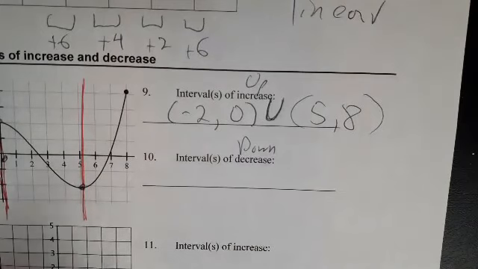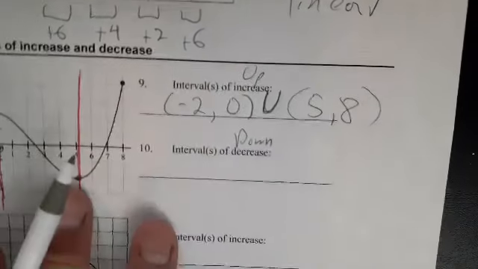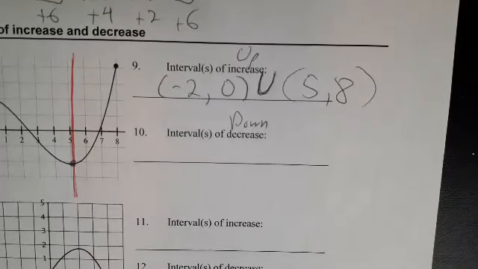I think sometimes the book uses a comma instead of a union. Either way, it's good. You're talking about both of those sets. As long as you get both those intervals on there, that's what I really care about.